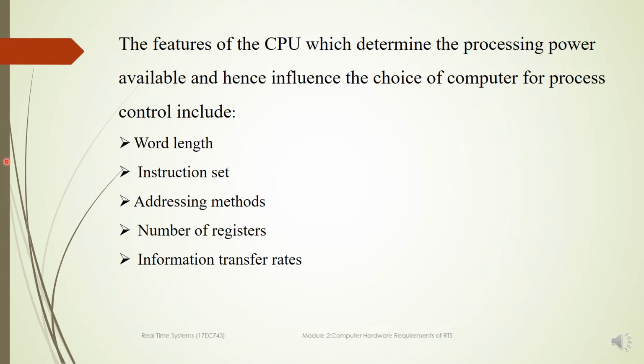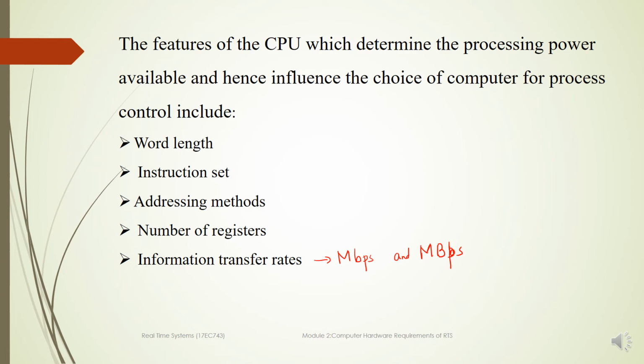Data transfer rates can be measured in megabits per second or megabytes per second, and we can designate them in two ways, as Mbps and MBps. So this is megabits per second and megabytes per second.